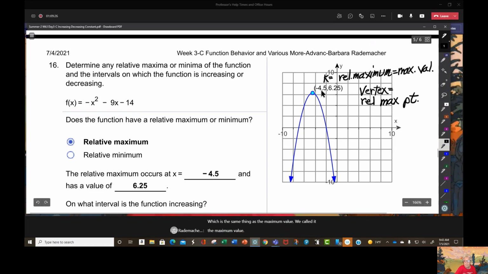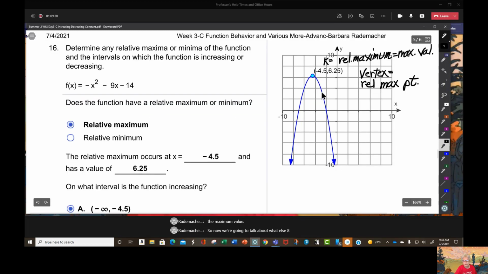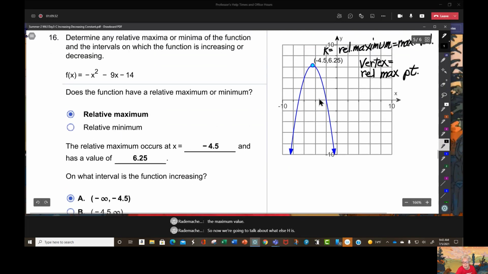So now we're going to talk about what else H is. So we've got HK, right? H is the location of K, among other things.